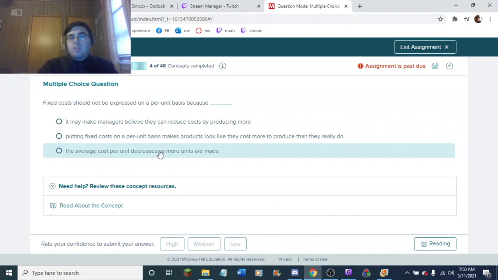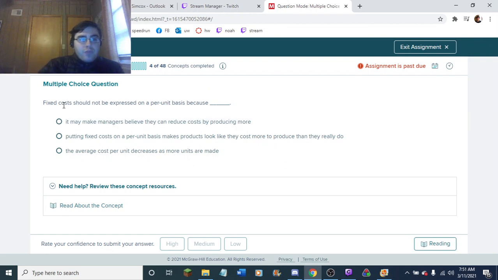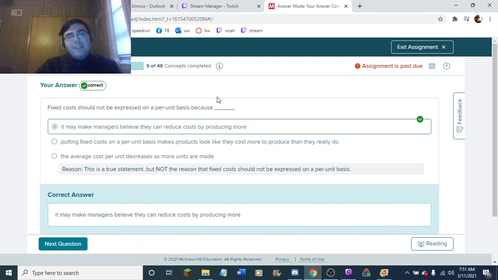Starting chapter 5's SmartBook. Okay. Fixed costs should not be expressed on a per unit basis. I don't know which one is right. Oh, it was that one. They should not, because it may make managers believe they can reduce costs by producing more. Yeah, that makes sense.